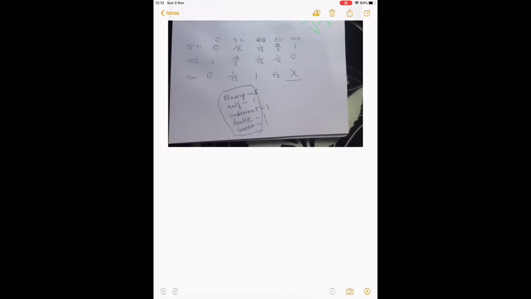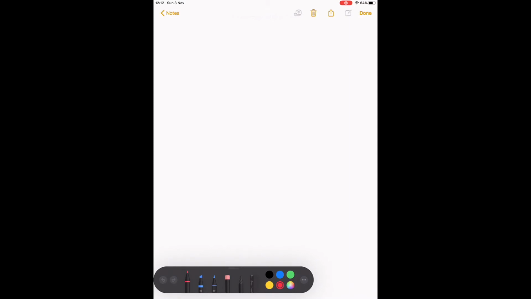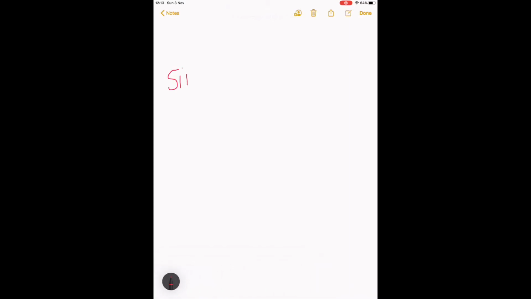So just to prove that I've memorized these values, I'll quickly write them down. So you have sine, cos, tan. You have 0, 30, 45, 60, and 90.